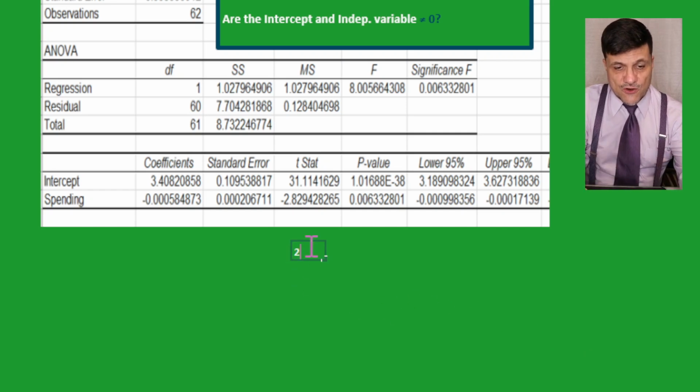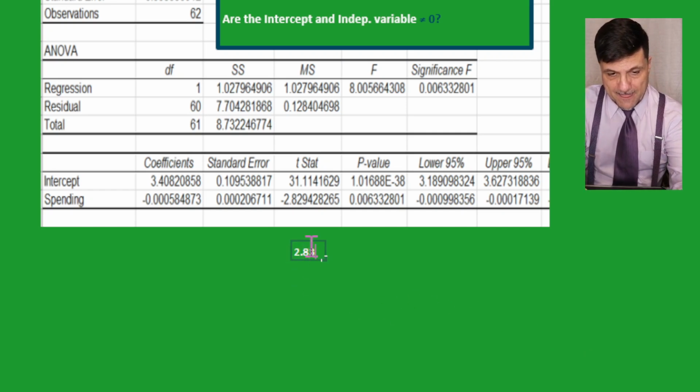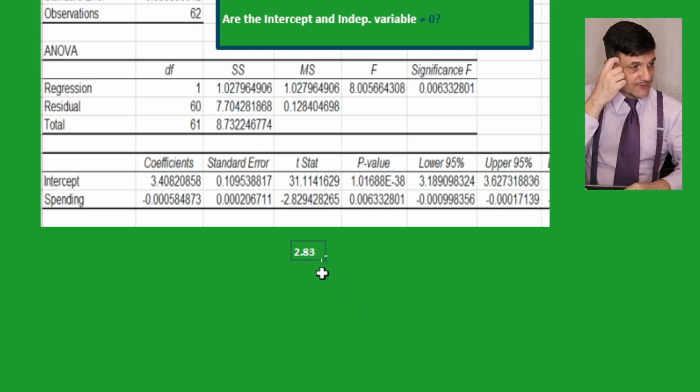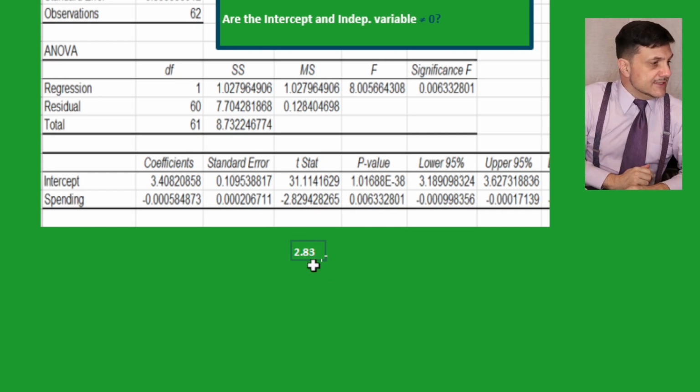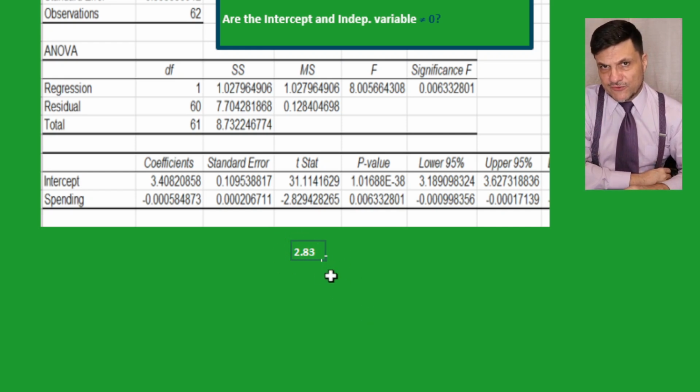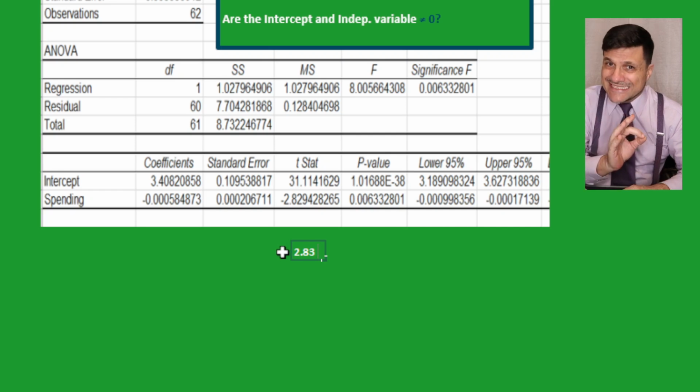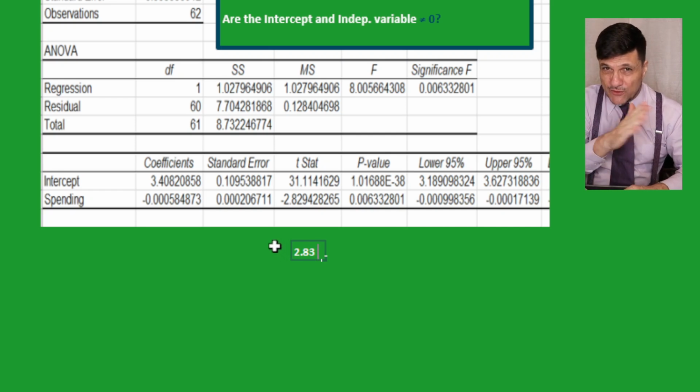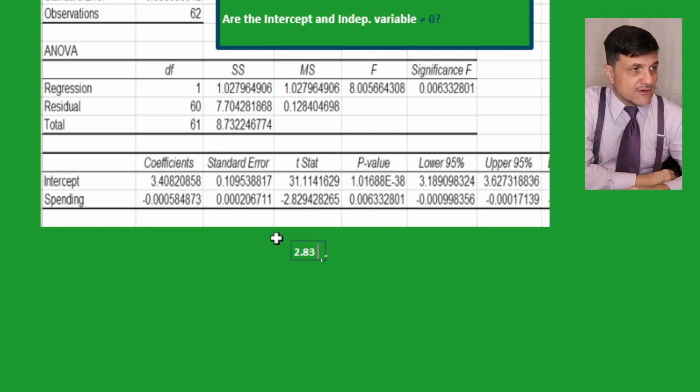It's so close to 3. It's so close to number 3 standard deviations, right? If it's above 3, you're going to reject it. It's so close to 3 that you could say, I'm going to reject the hypothesis that spending is 0 because this number is 2.83, but you need more. 2.83 could be borderline. So you need a critical value.